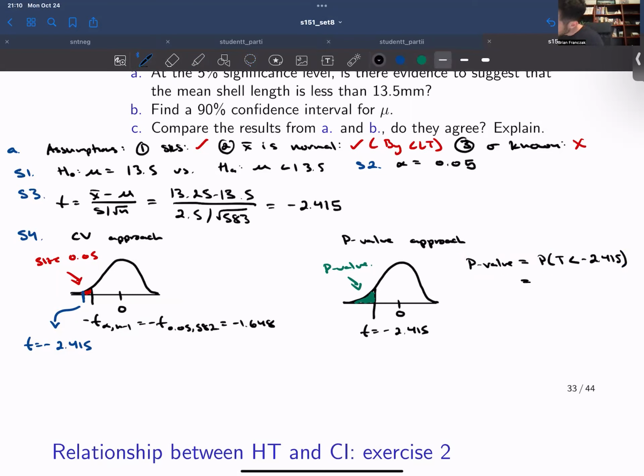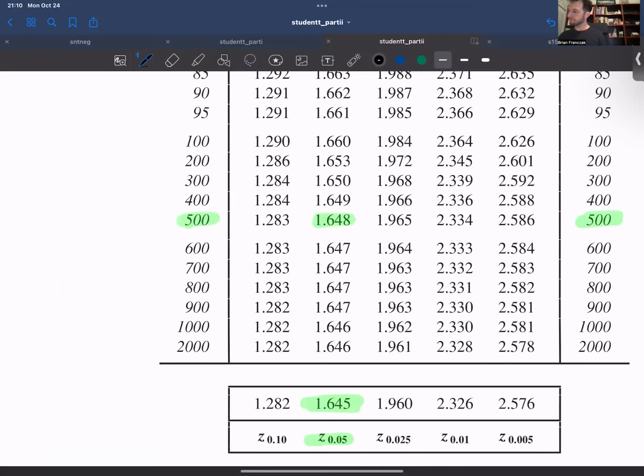Okay, so this is actually equivalent to the probability that t is greater than 2.415. Because of the symmetry of the curve, being less than the negative is the same as being bigger than the positive. So we go back to our t-table. We have 500 degrees of freedom, as we previously established.